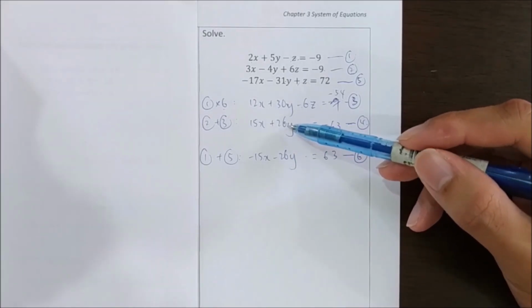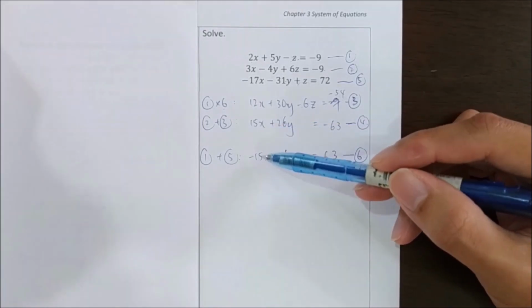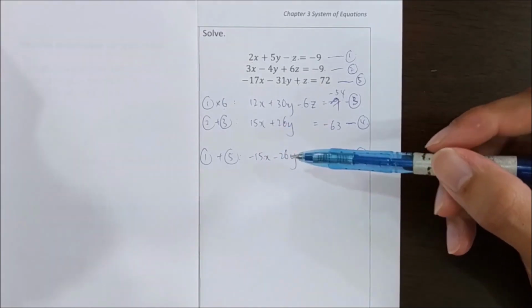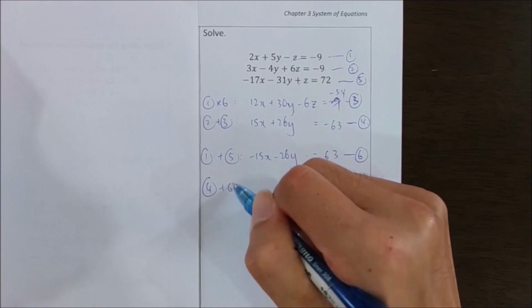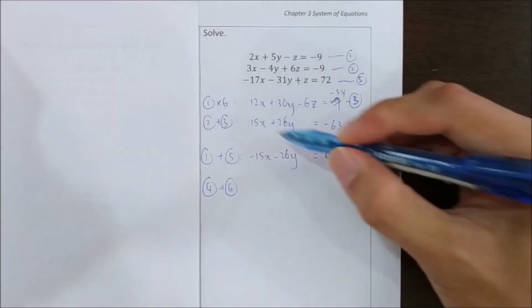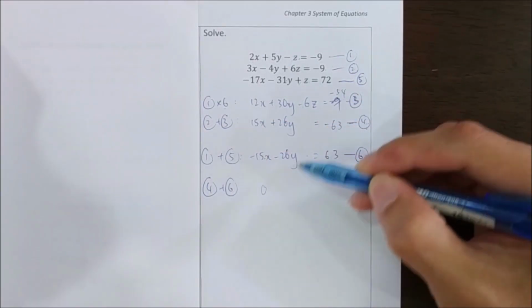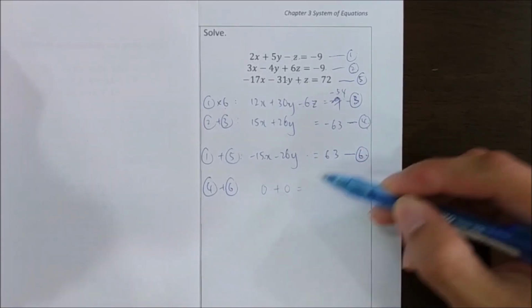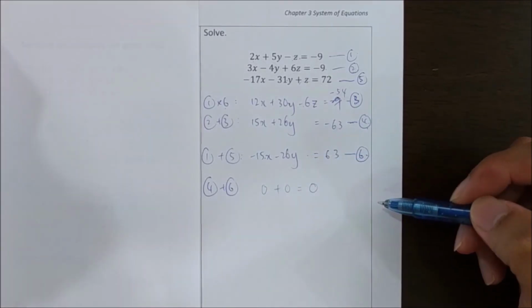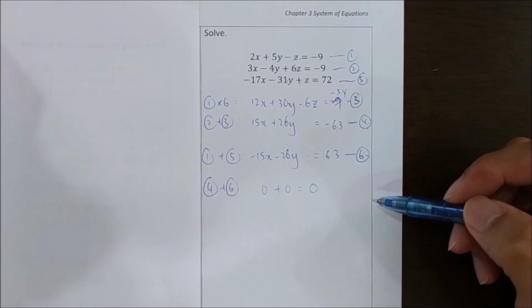So what will happen when we try to eliminate one of the variables? We try 4 plus 6. Since 15x minus 15x will get 0, 26y minus 26y gets 0, negative 63 plus 63 gets 0.